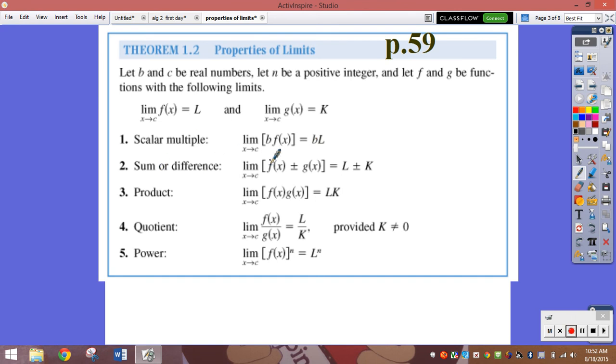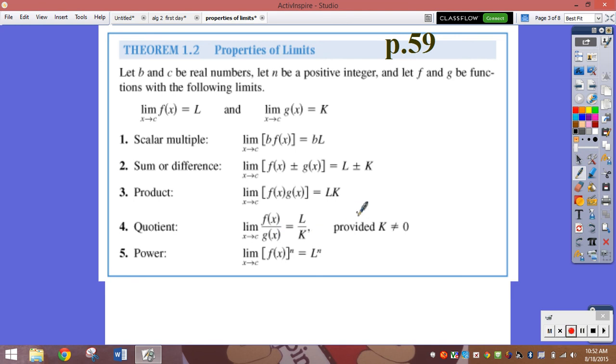Sum or difference, if I have two functions that are being added or subtracted, I can find the limit of each function separately and then add those two limits. The product property, if I'm multiplying two functions, I can find the limits of those functions separately and multiply those limits. Quotient, same thing. If a function is divided by another, I can find the limit of each function and then divide.